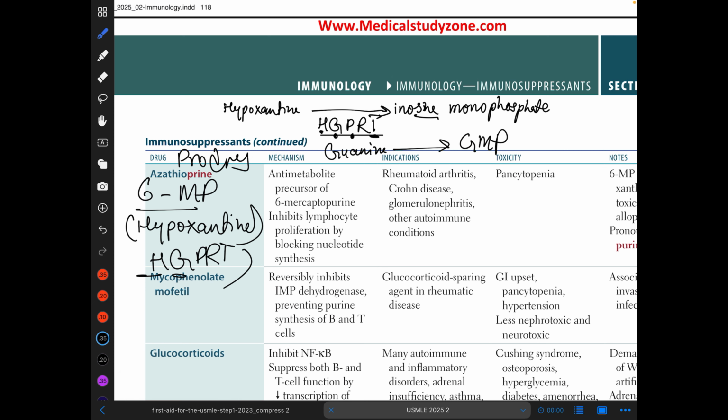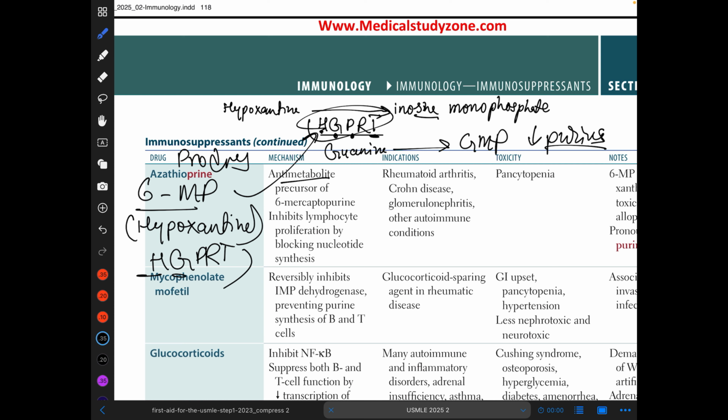When 6-mercaptopurine competes for binding to HGPRT, when this drug competes with this enzyme, there will be a decrease in purines, and a decrease in the formation of new RNA and then proteins.